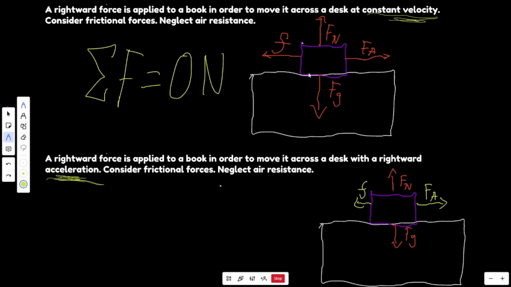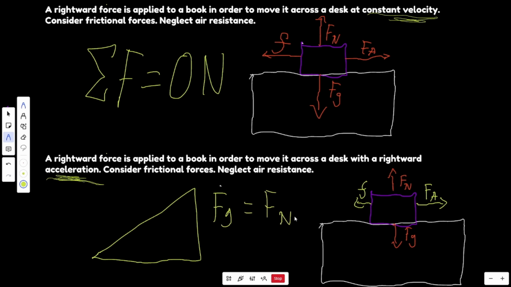It's important to note also that in questions regarding an object on a surface, if the object is not angled, like let's say there's no slope, the normal force and the gravitational force will always cancel out. They're basically just additive inverses of each other. So this is going to be a negative sign, this is a positive.